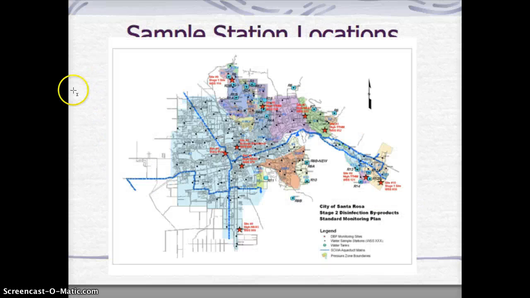And this slide right here is taken from their sampling plan. And this is their standard monitoring plan for stage 2 disinfection byproducts.